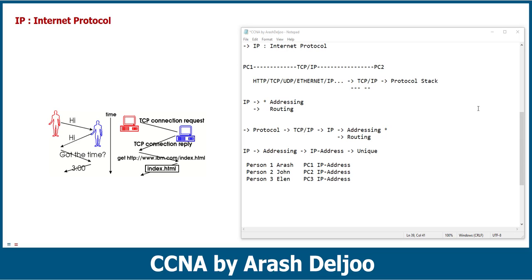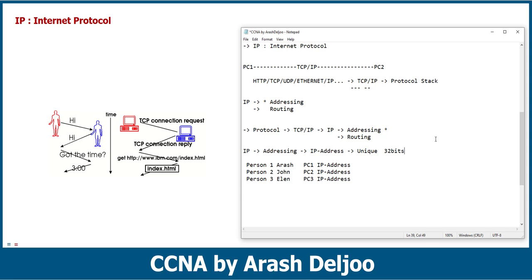Let me say that about the uniqueness of IP addressing between the PCs, we can use many types of address, but in IP addressing we are using a 32-bit address.